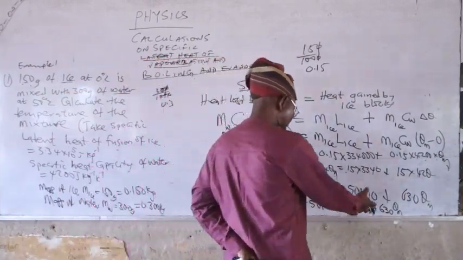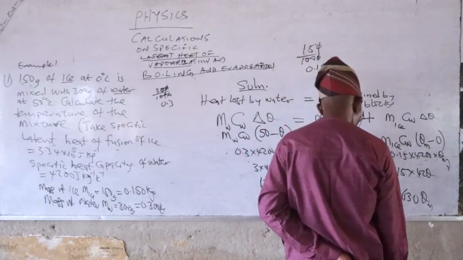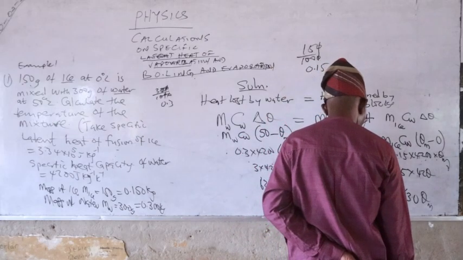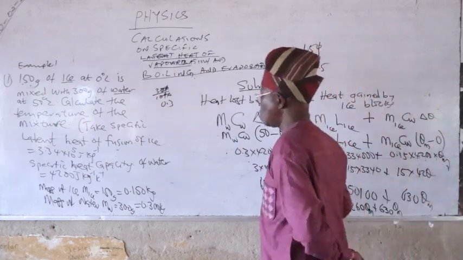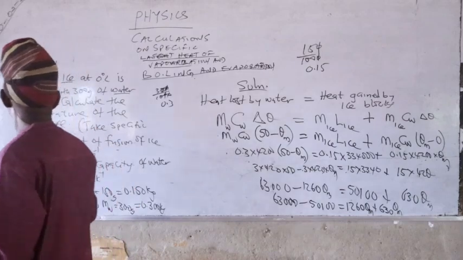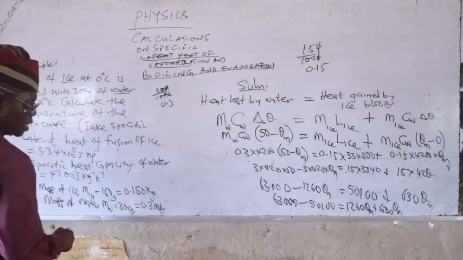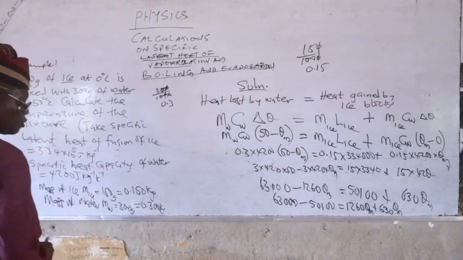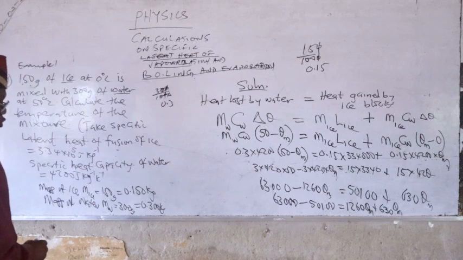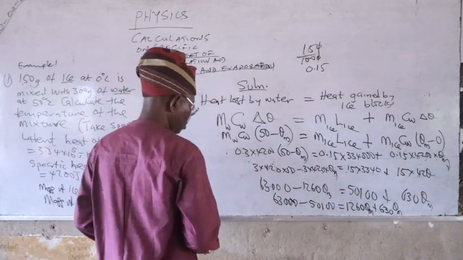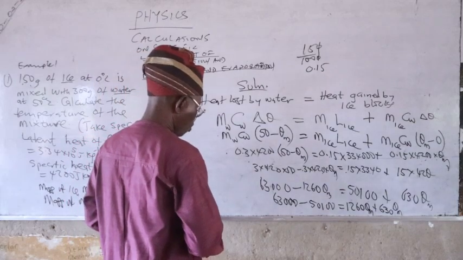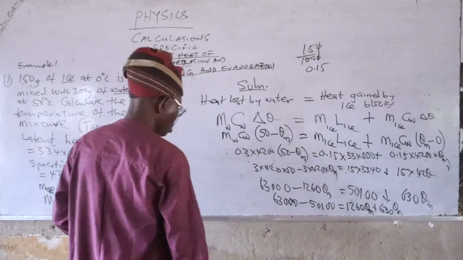When you add this together, 0 plus 0 will be 0, then 3 plus 6 will be 9. So if you add that together, you can take it off from subtraction first. So 63,000 minus 50,100. 12,900.